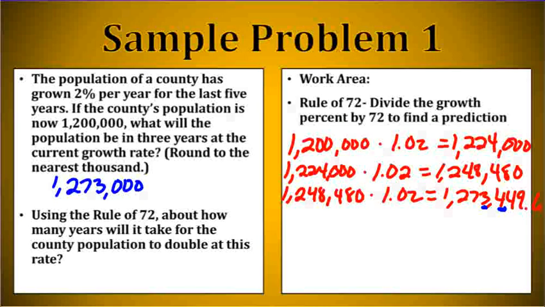The second part of the question says using the rule of 72. The rule of 72 says right here to divide the growth percent by 72 to find the prediction. So we're trying to find the doubling. About how many years will it take for the county population to double at this rate?